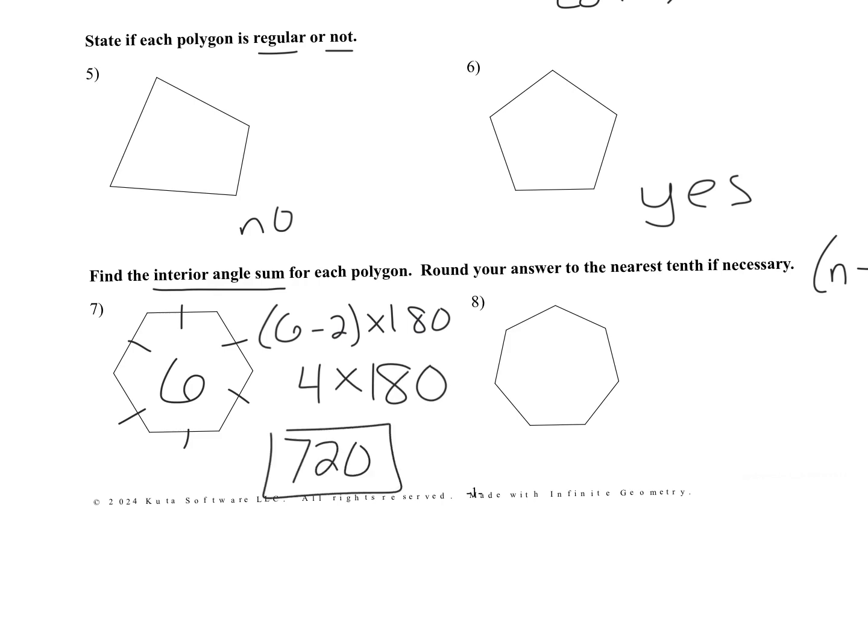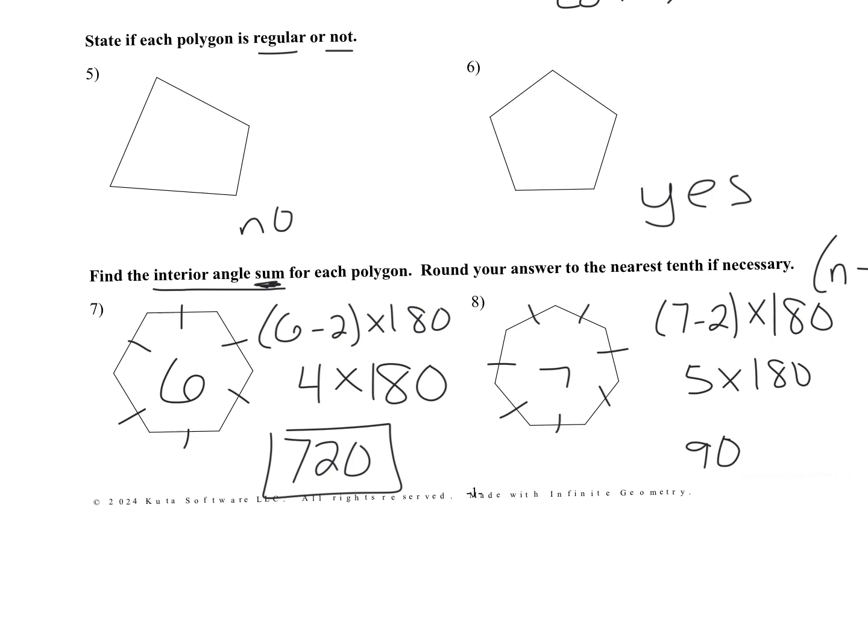And it wants the interior angle sum. Keyword sum. So it wants all of the angles put together. So we don't need to do anything after that point. What about number 8? How many sides? 7. Plug it in. 7 minus 2 times 180. 5 times 180, what'd you say? 900. Good.